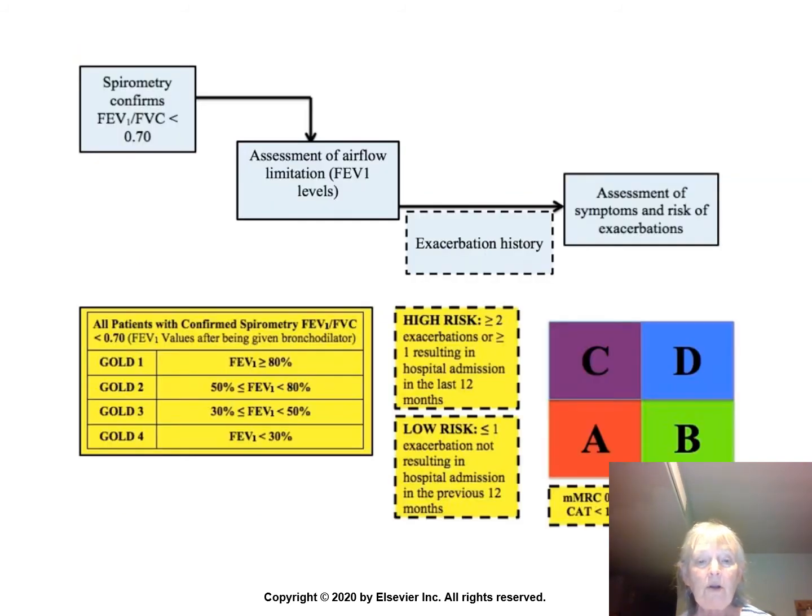This is part of the GOLD standard, and talks about how do we know that this is what you have. And there's various classes of it. You can see a little bit off to the side, the GOLD 1. They're telling us an FEV1 greater than or equal to 80%. And then GOLD 2 goes down from that to hit GOLD 4, which is the FEV1 less than 30%.